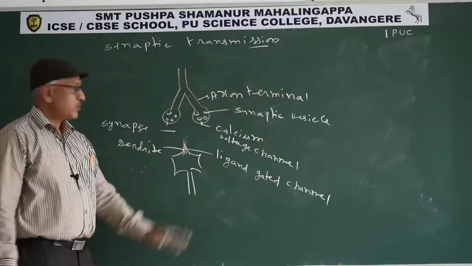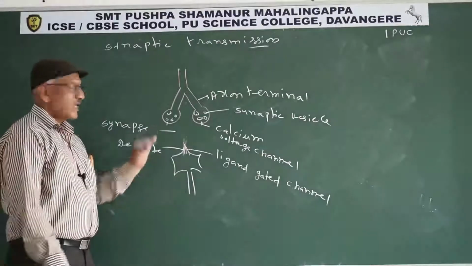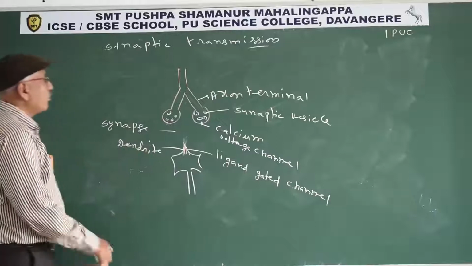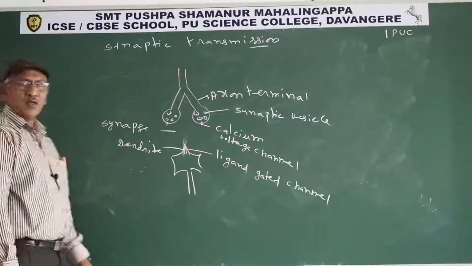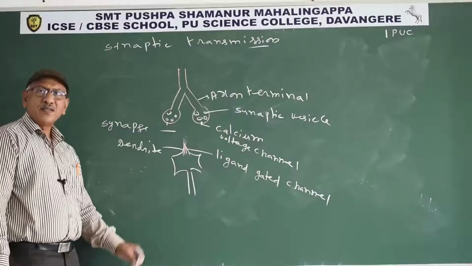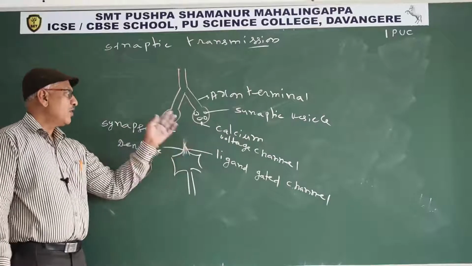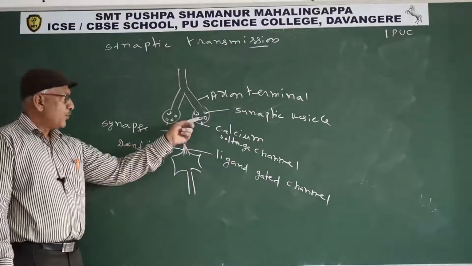Synapses are of two types, chemical synapses and electrical synapses. Electrical synapses are rare in animals. Most of the synapses are chemical synapses. Here chemical means neurotransmitter. Neurotransmitter is required for the transmission of information or message from one neuron to another neuron.